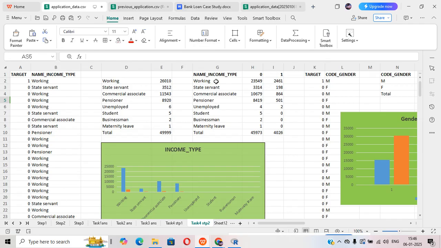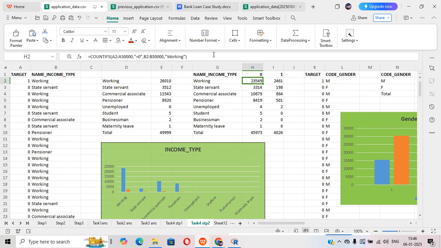So income type is working, and the count for income type working, and taken the target for 0 and 1. These are the counts for 0 and 1 for those who are working, and the same way I have taken for all these.